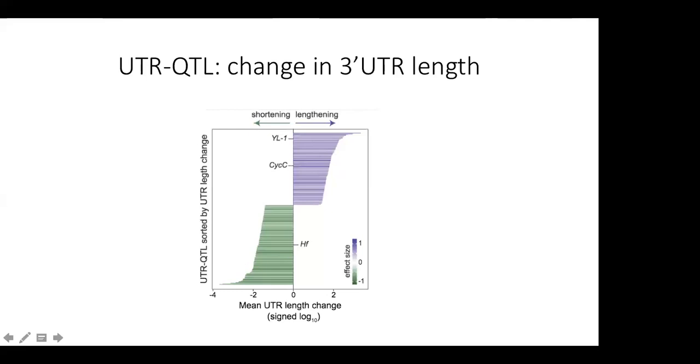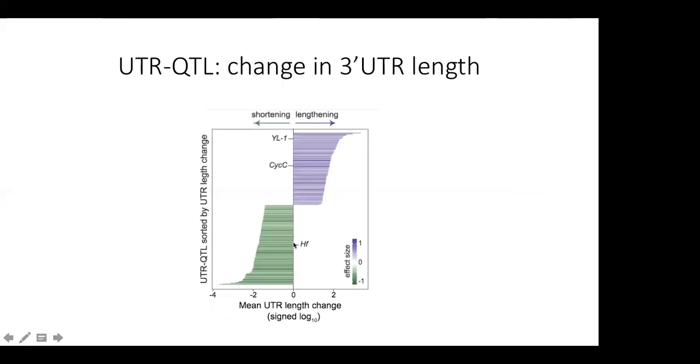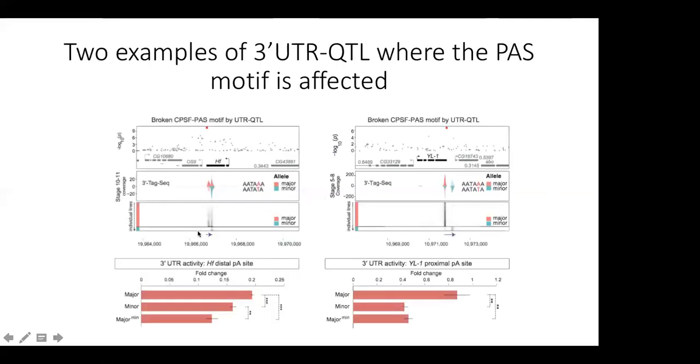And in the next slide, you will see two examples of this. HF, as shown here, has a shortening of the 3' UTR going in this direction, where you have another polyadenylation site here that is not present in the minor allele. This is because the polyadenylation signal, the canonical AATAA, is broken by a SNP.